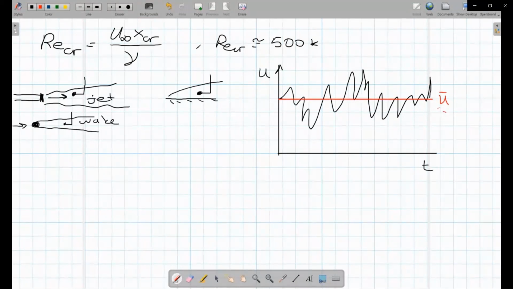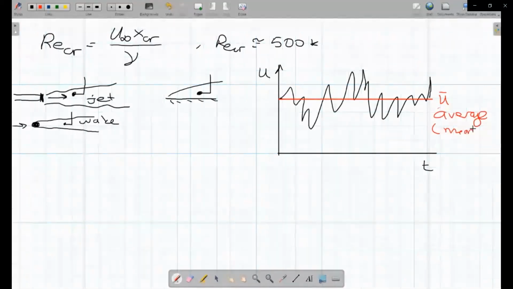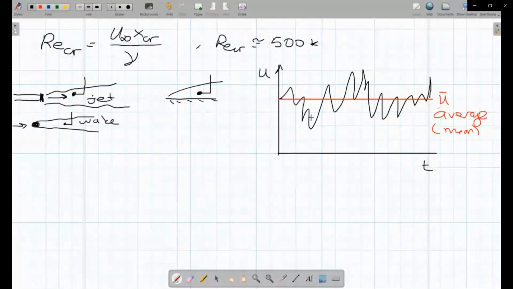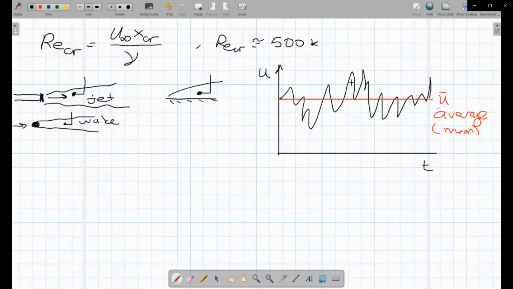So that's the average velocity, or sometimes we also call it the mean velocity. However, if I look at any time instant, let's say I'm somewhere here at this time instant, let's say ti, I have the actual velocity is this value, recorded from my measurement device.